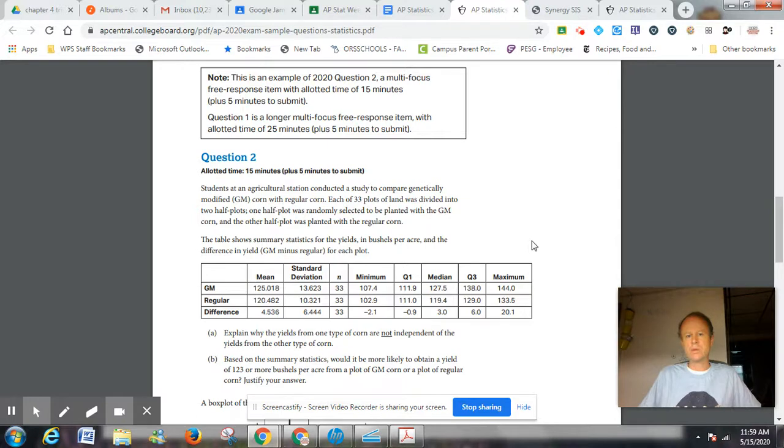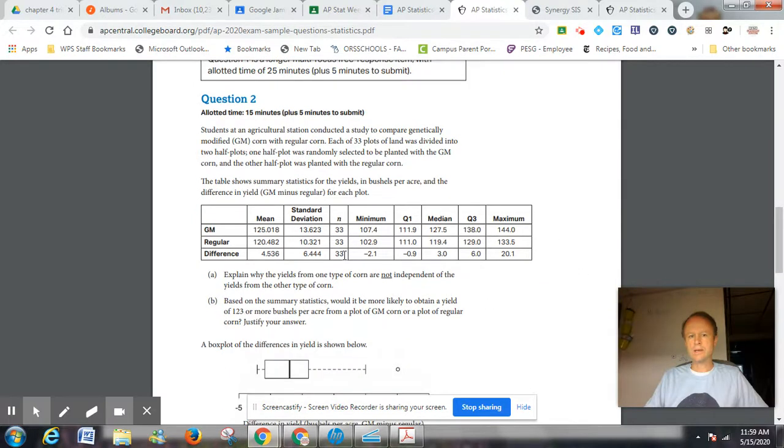One half plot was randomly selected to be planted with GM corn, and the other half plot was planted with regular corn. The table shows summary statistics for the yields in bushels per acre and the difference in yield for each plot. So you can see we have these summary statistics, and they give you the mean, the standard deviation, the sample size, and then the 5-number summary also.